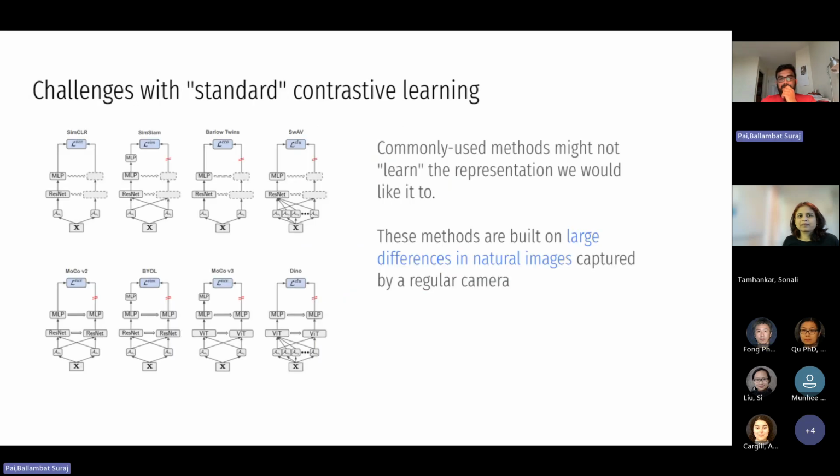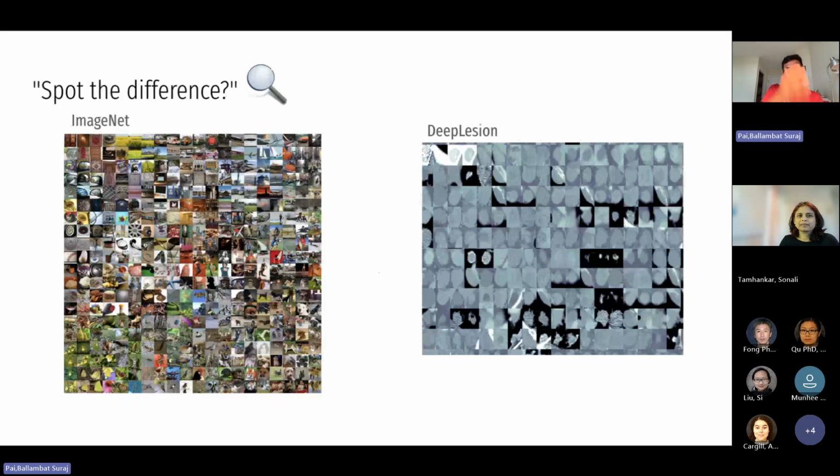And another thing, beyond what you pointed out, is that these commonly used methods might not really learn the representations we would like them to, solely because they're based on large differences that you see in natural world images. So if you try to spot the difference here, this is the ImageNet data set, where you can immediately see there's a wide range of different colors and different images.